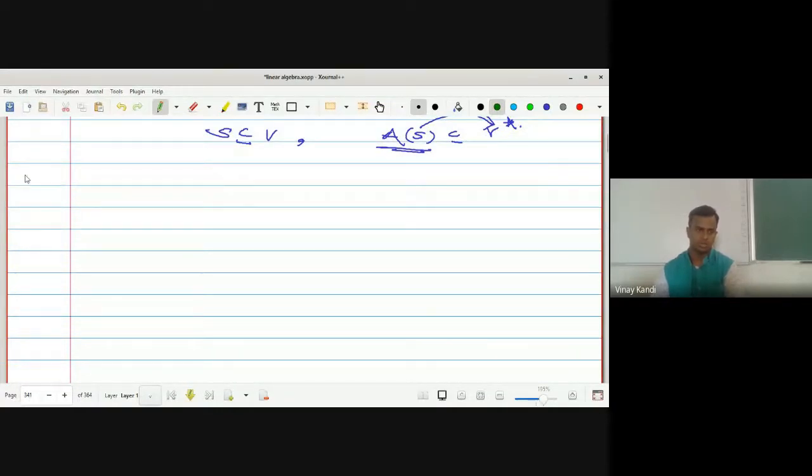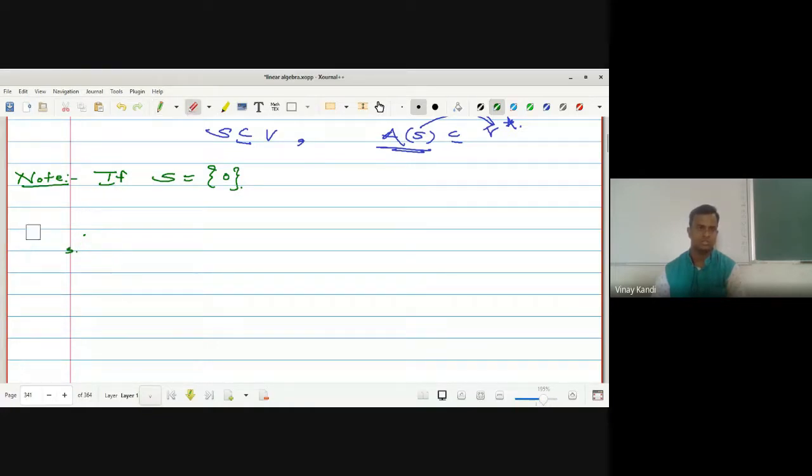Okay, so the first note is here. Look at the note now. What happens if S is equal to singleton 0? Suppose the set S is equal to singleton 0. Suppose this is the vector space V and only the zero vector is there in the set S. So what is A of S?